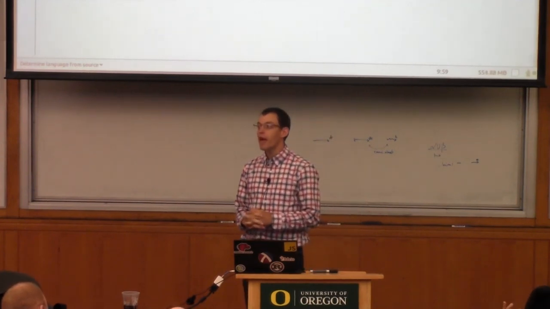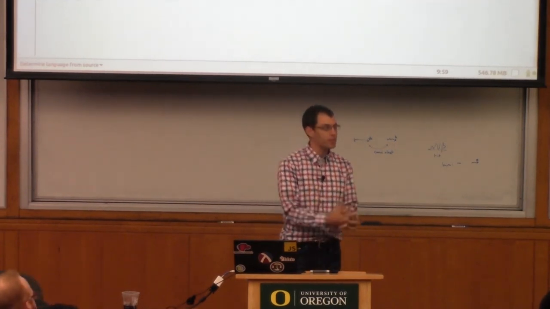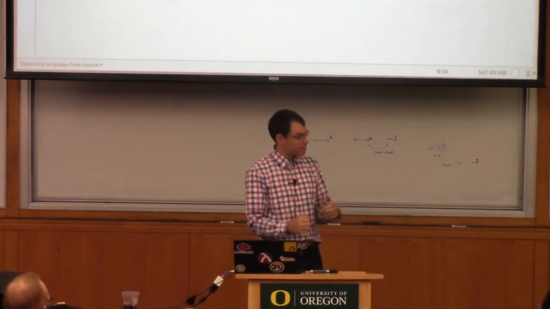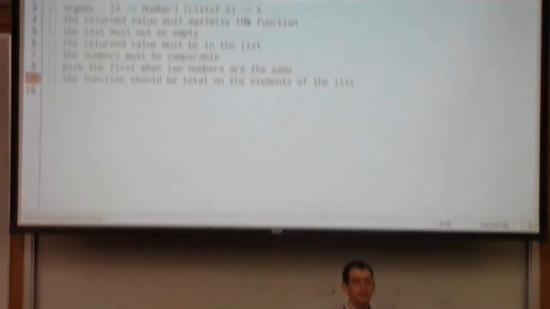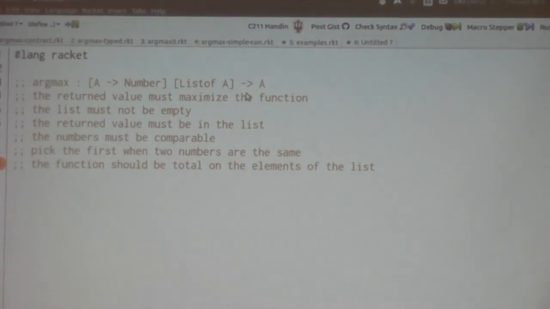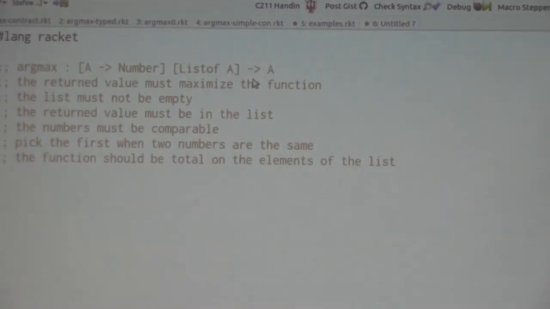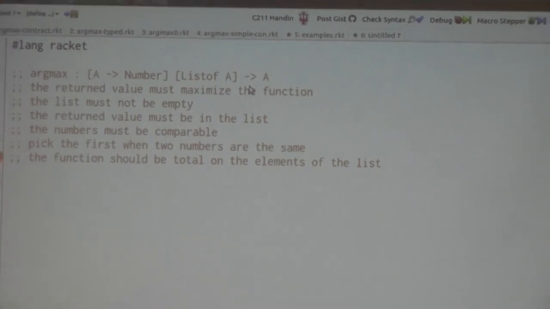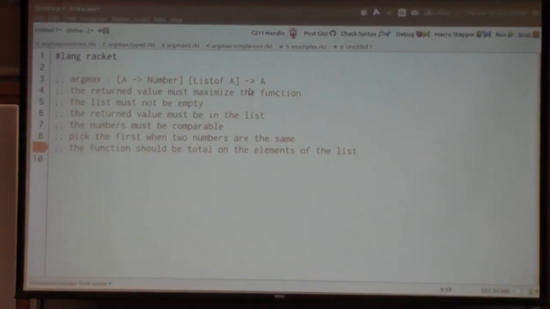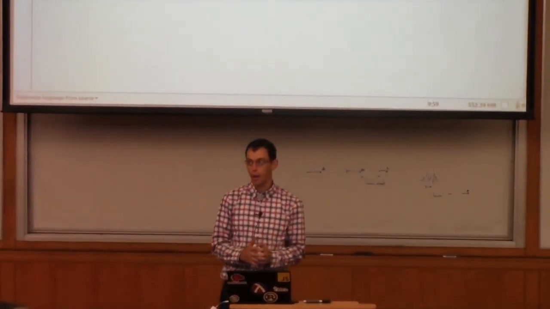If we have a function that takes the first element of the list and compares that, and we have some empty lists, that's going to be a problem. If we have a function that diverges sometimes, that's maybe also going to be a problem. So we've got a lot of possibilities for ways in which the function could go wrong.